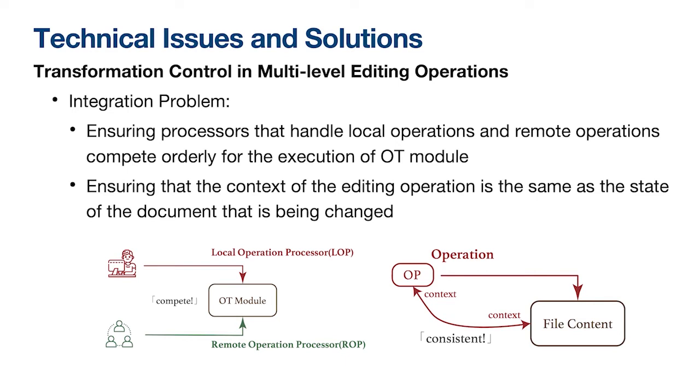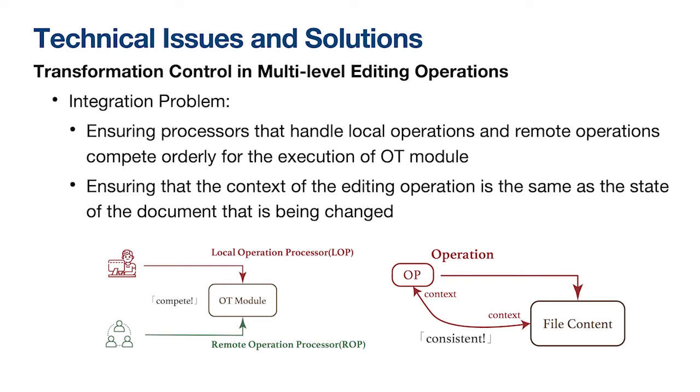To combine the COT algorithm with cross-platform collaborative programming, we have to consider how to perceive editing operations from users and coordinate local operations and remote operations. Firstly, we have to ensure processors that handle local operations and remote operations compete orderly for the execution of the OT module.